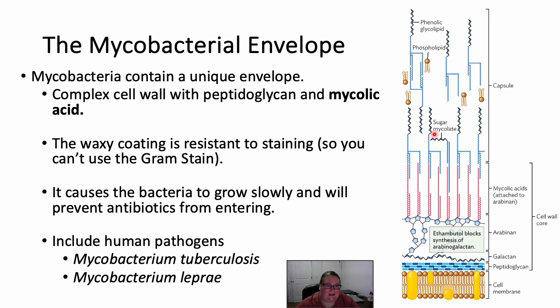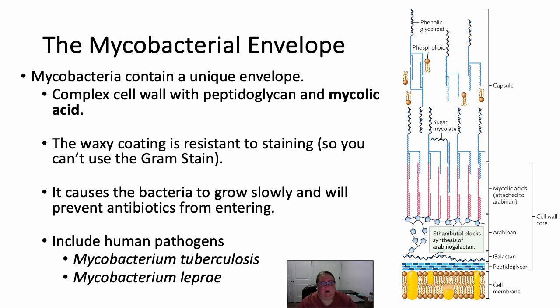Okay, these mycolic acids and peptidoglycan are going to make it so that it has this waxy, rigid, hard outer layer. This is going to be beneficial for the bacteria, and also it's going to cause some interesting things to happen with bacteria. But this mycolic acid layer, this waxy layer, is what makes it so it's not able to gram stain.